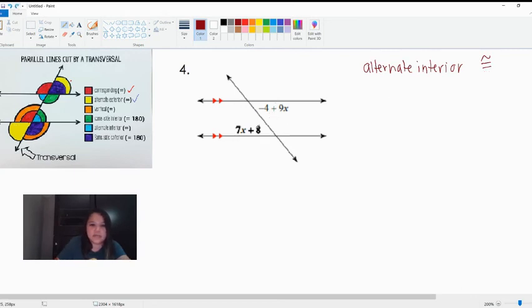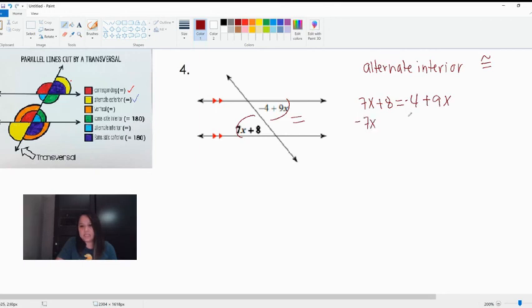So that means that these two angles, whatever it is, should be exactly the same. The same means equal. So now we can set up our equation. I'm going to do 7x plus 8, this angle here, and we're going to set it equal to negative 4 plus 9x.